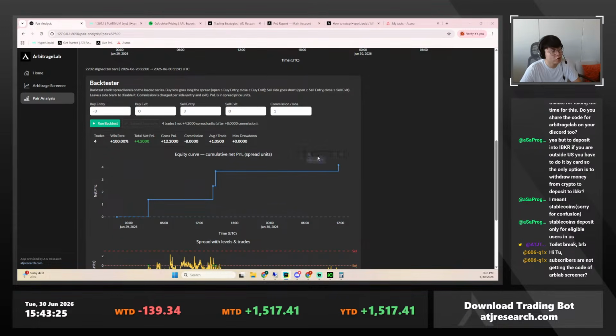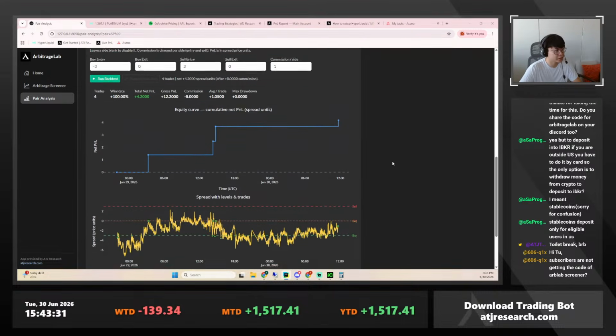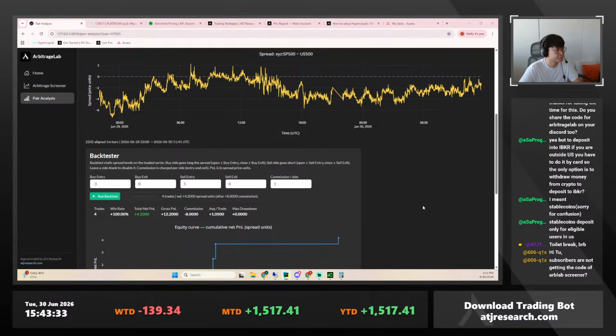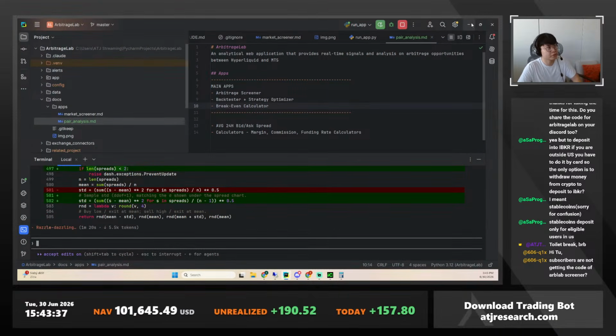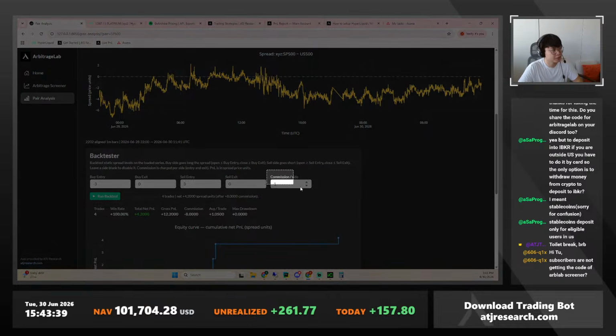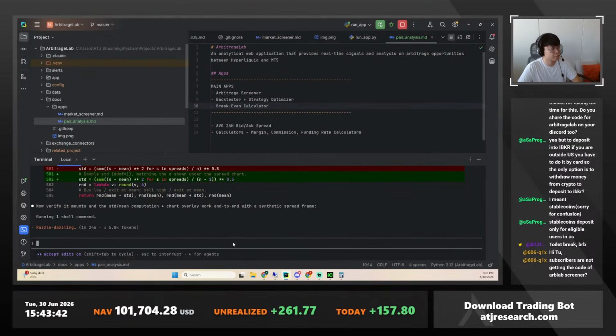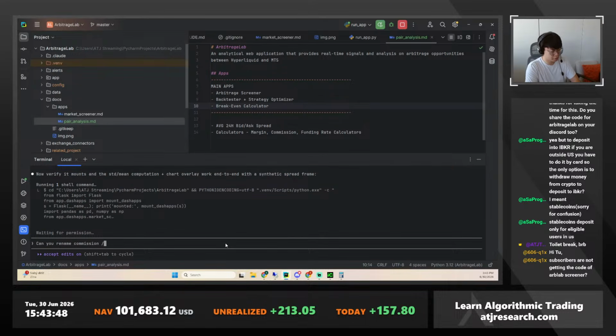So we unify all the cost that is associated with trading this strategy. So I'm actually also going to provide that. Can you rename commission per side to cost per side?